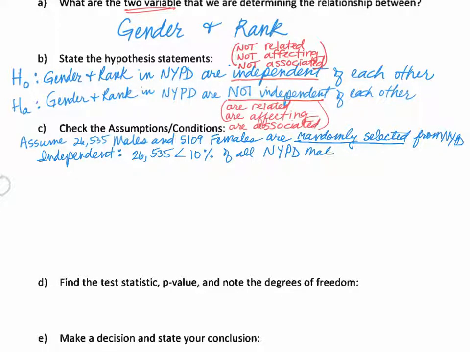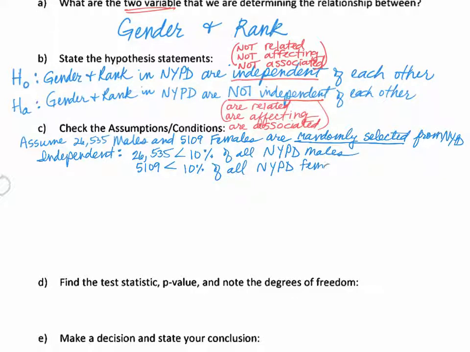That means there's 265,000 males in the NYPD. Now, I don't know how many there's going to be ever in the future, but we're going with it. 5,109 is less than 10% of all NYPD females.